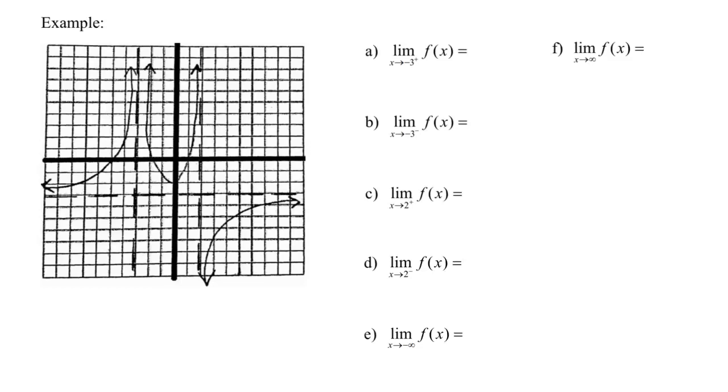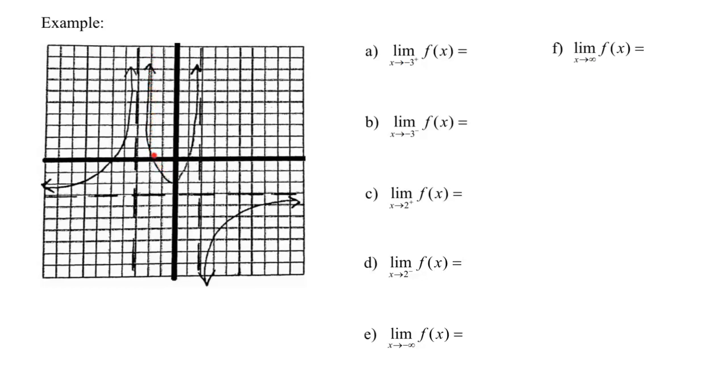So in letter A, we've got the limit as x approaches -3 with a plus sign as a superscript. So remember, that means from the right side of -3. So if I look at this function from the right side of -3, this is -3 right here. And so if I approach from the right side, I just need to jump onto the function somewhere and see what the y values are doing as I approach -3 from the right.